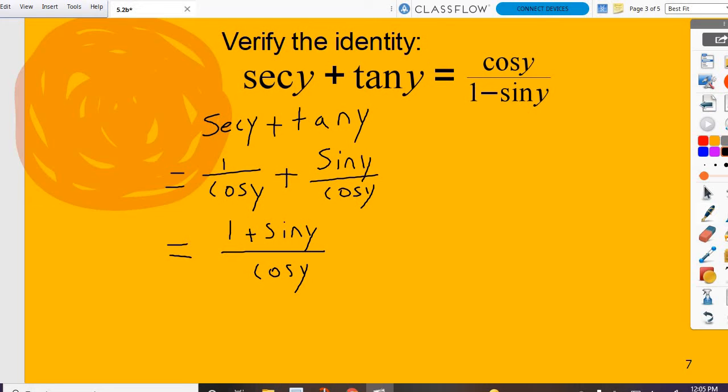So, remember that we said we are not allowed to work with both sides at the same time, right? Like I can't add 1 to both sides or subtract 1 from both sides. However, sometimes it is helpful for us to work with one side and get to a stopping spot, and then work with our other side and try and get to that same place.